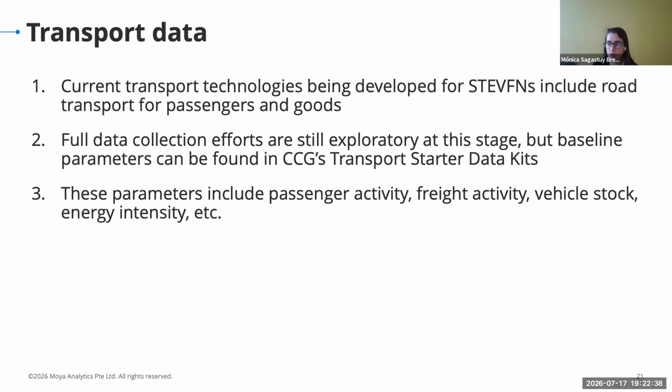We have the vehicle stock, how many vehicles are there in the fleet in the country, and energy intensity, to be able to convert between different vectors. For example, you would use the energy intensity and emissions, etc. All of this data will be required so that we can model an approximation of the transport sector.